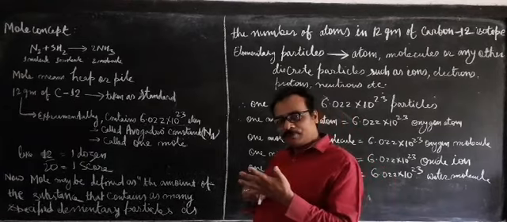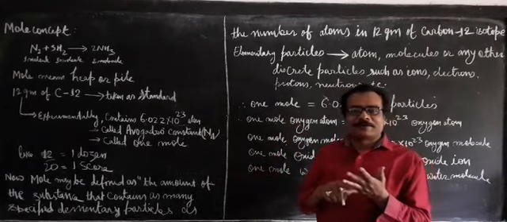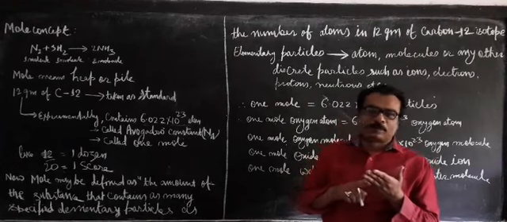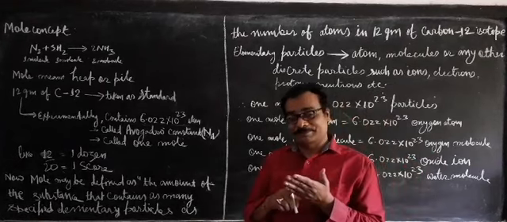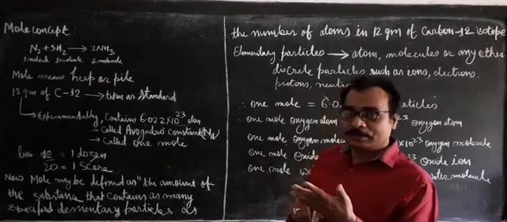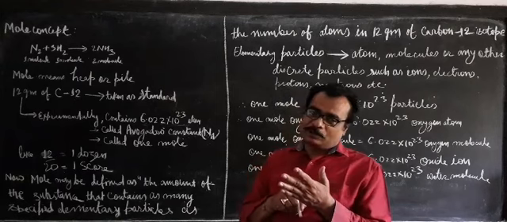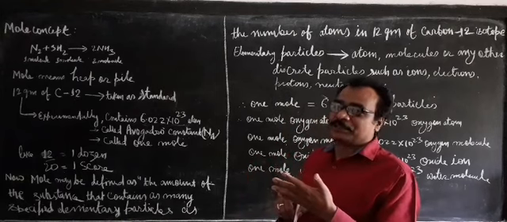But 1 mole of every element has a different mass, because 1 mole of carbon has 12 gram, 1 mole of nitrogen atom has 14 gram, and 1 mole of oxygen has 16 gram.